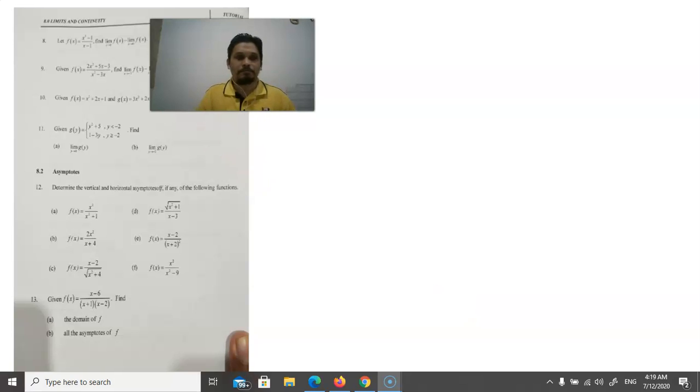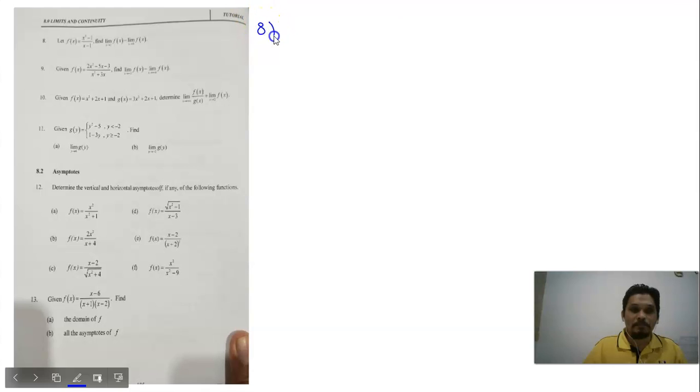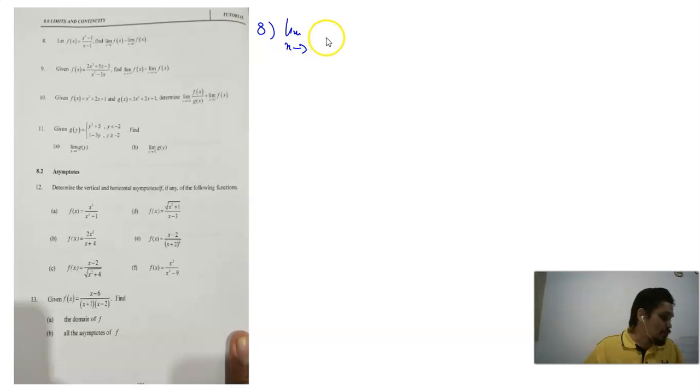Next, for question 8, limit of x approaching, f(x) equal to x cubed minus 1 divided by x minus 1.